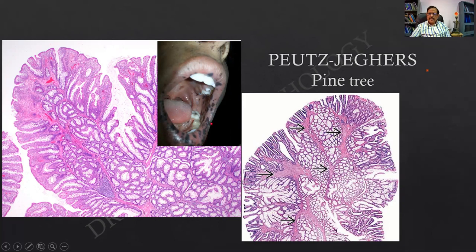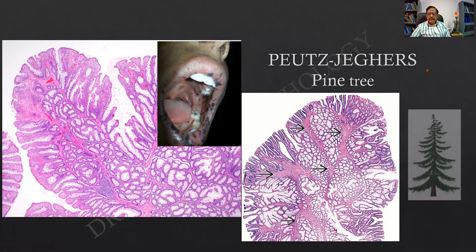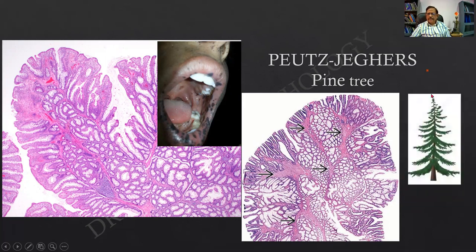The patient otherwise has got pigmentation of the mucosa. It's a Peutz-Jeghers syndrome. Sometimes it can be associated with malignancies of other visceral organs. And the typical appearance is a pine tree-like appearance. So the muscular core, it branches and rebranches just like a pine tree.